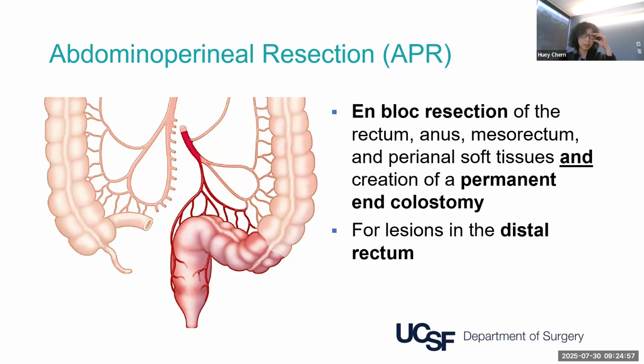If it is sitting right on the muscle, then the chance of saving that sphincter muscle would be low. Versus if you can feel a distance of 1 to 2 centimeters from the levator muscle or the puborectalis muscle, then there is a possibility of doing a low anterior resection.